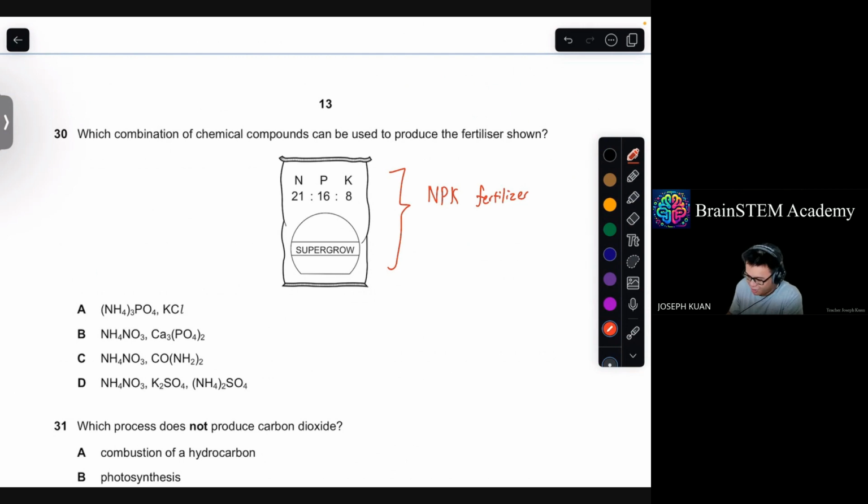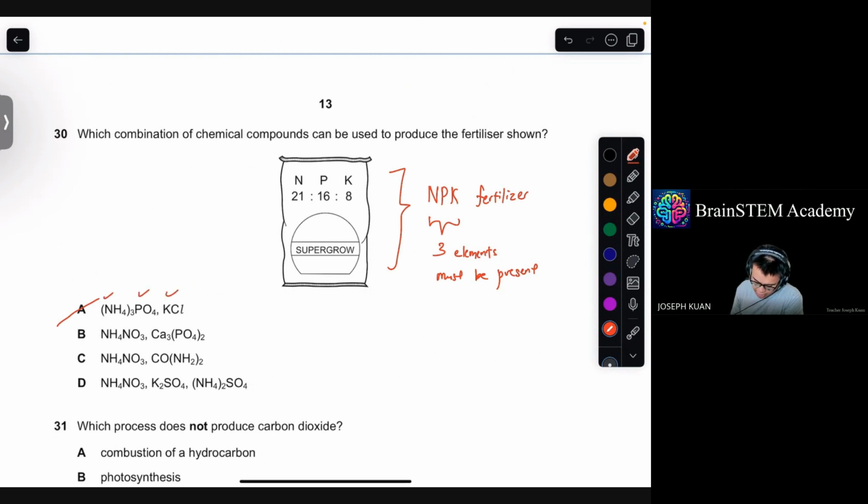Using chemicals that contain these three elements. So just check from the answers which of the following has these three elements present. So the answer is A, right? Because this one is N, this one is P, this one is K.